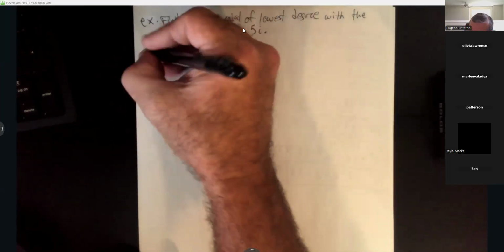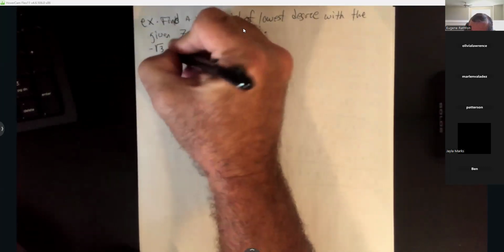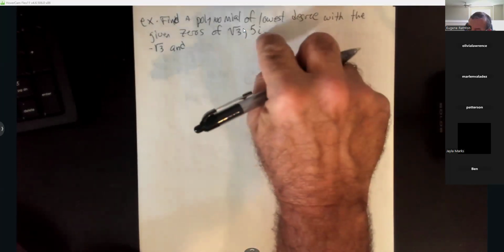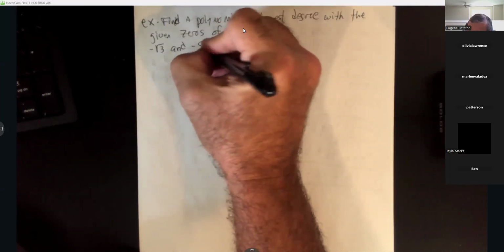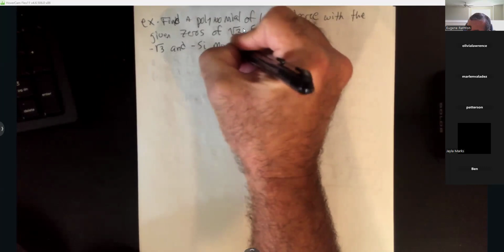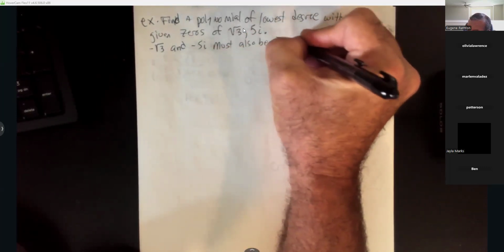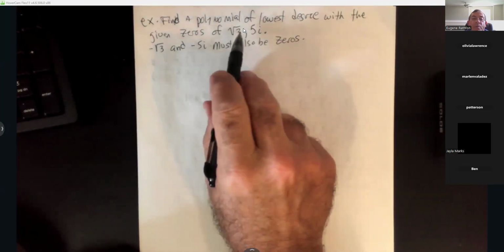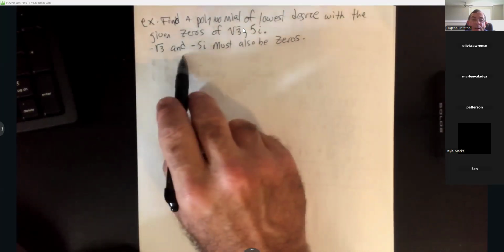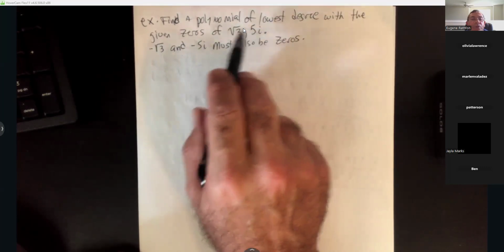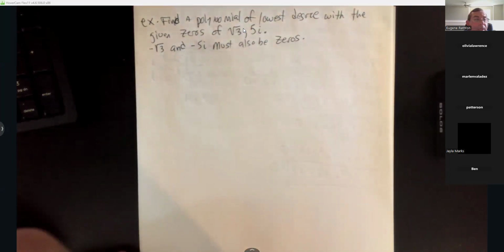So that means negative square root of 3 and a negative 5i must also be zeros. So these always come in conjugate pairs. So I got 1, 2, 3, 4 zeros altogether.